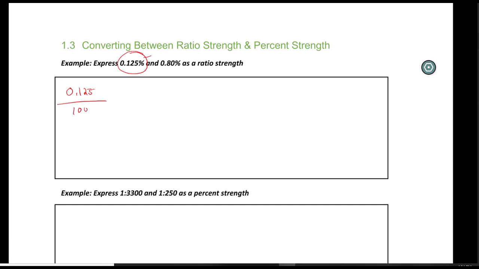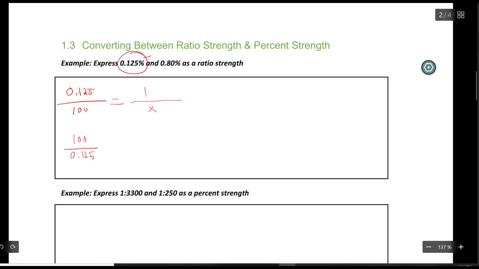How do we convert that into a ratio strength? Well, like I was saying before, we want to know how many parts there are down here if I've got one part up there. In other words, if I got one. I can also do this as putting the number 100 on top and doing the 0.125 on the bottom. Whenever I divide something out, it always gives me the number per 1.